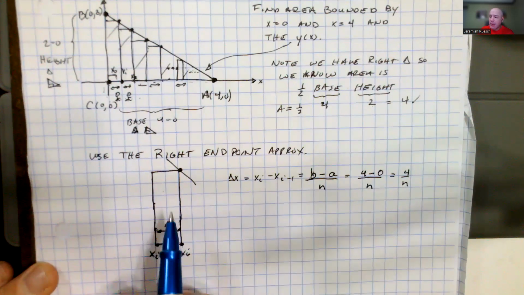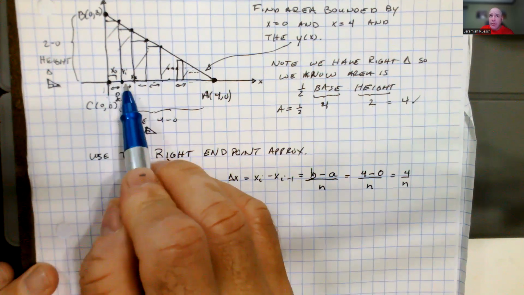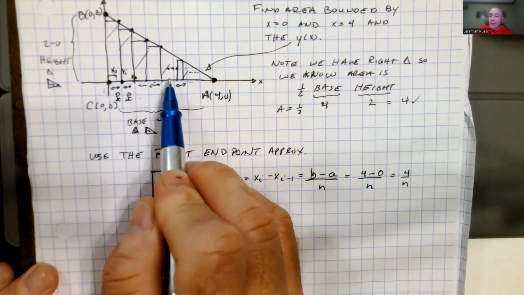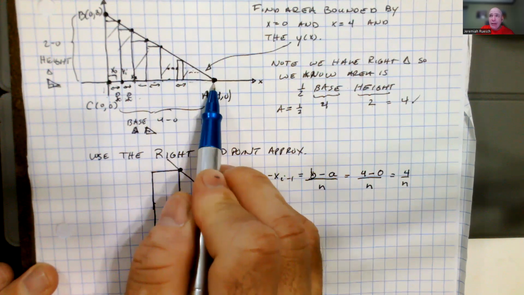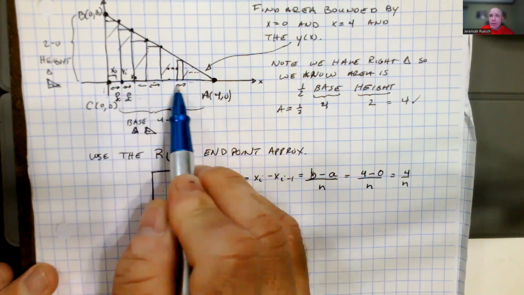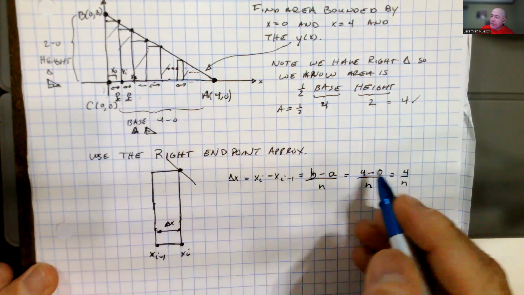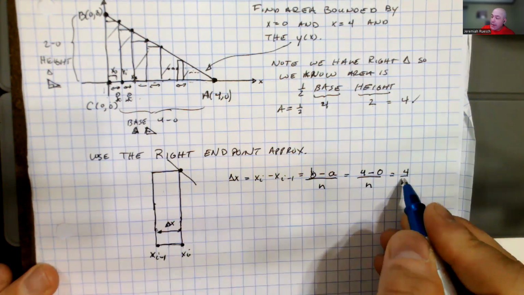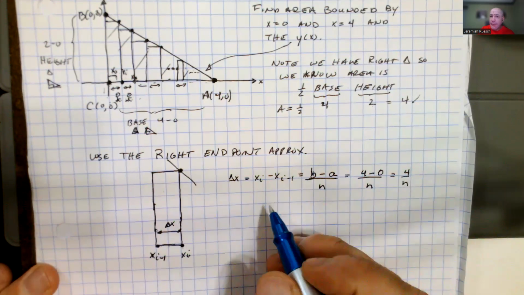Since they're all the same, I can count: that's one base, two bases, three bases, four bases, five bases, and keep going all the way across. By the time you get to the end, you'll have n bases. But since I'm somewhere in between at any given point, all I have to do is count the number of steps. So to figure out where I'm at along this base, you would get an ith component.